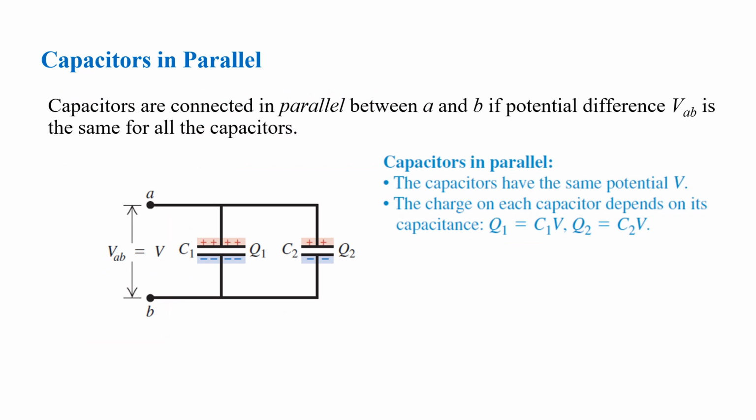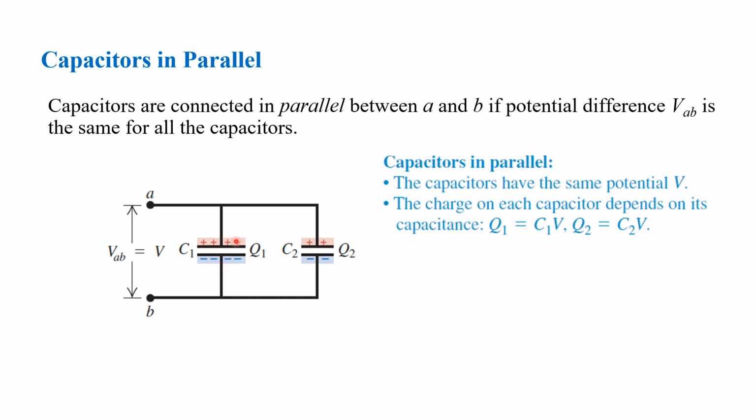On the other hand, capacitors are connected in parallel between terminals A and B if the potential difference VAB is the same for all capacitors. So this is two capacitors connected in parallel. For capacitors in parallel, the capacitors have the same potential V, and the charge on each capacitor depends on its capacitance.